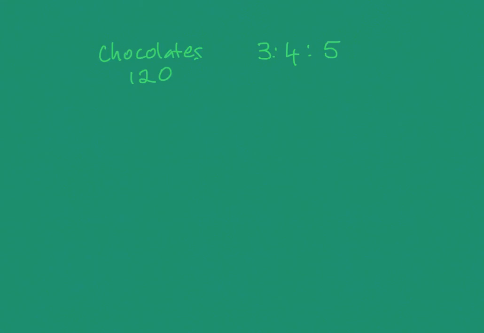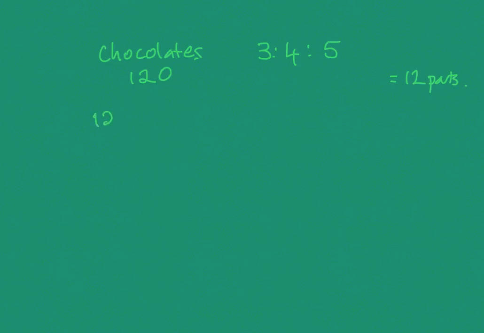Here's another example of sharing. I've got 120 chocolates and I want to split them into 3 groups, but I want it to be in the ratio of 3 to 4 to 5 because one family's got 3 people, one family's got 4 people, and one family's got 5. So I'm going to split them up in this ratio. So what I'm going to do first is work out that I've got 12 parts.